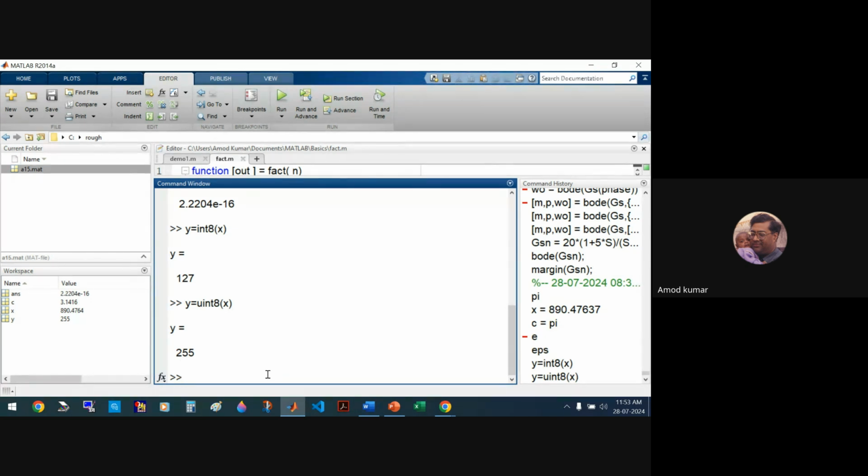These are the maximum numbers which are possible, positive maximum number, unsigned maximum number in 8 bits. So that's the reason. However, if you give unsigned integer 16, suppose I give unsigned 16-bit, then your answer is 890, because 890 can be accommodated in 16-bit, no problem. So I think you can see.